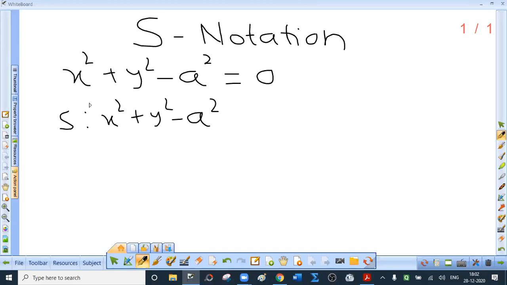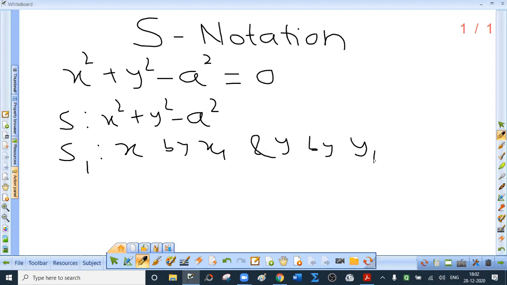I'll tell you from the beginning. Write the equation of a curve with right hand side equal to 0. The left hand side is not an equation, it is an expression. This expression is denoted by capital S. Now the expression obtained from S by replacing x by x1 and y by y1 is denoted by S1.